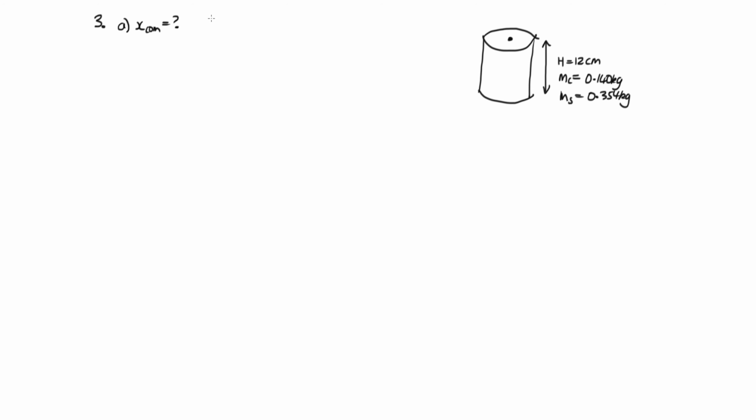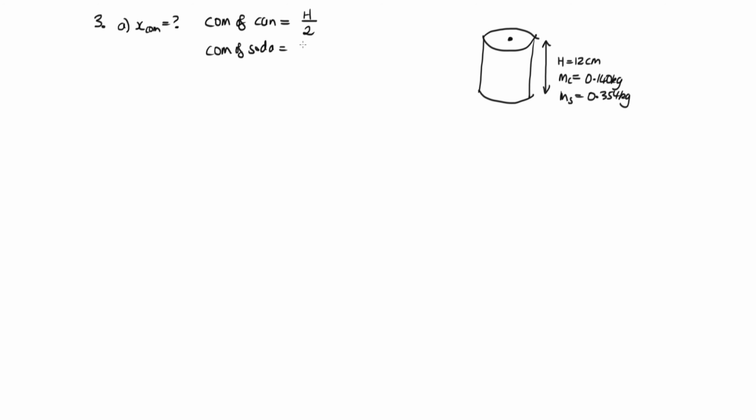And so the center of mass of the can is going to be equal to half the height of the can, so H over 2. And the center of mass of the soda will also be right in the middle, because initially it's filled all the way to the top, so we've got as much mass above the midpoint as below it.